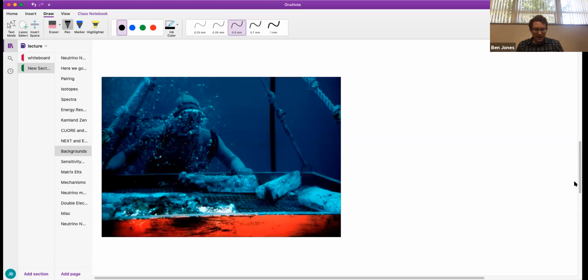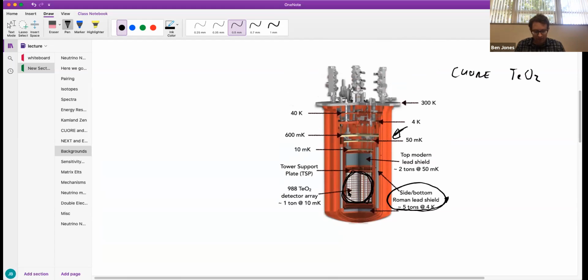And so inside this lead, any of the isotopes which have a half-life of less than 2,000 years have decayed away. They've not been activated by cosmic activation. So this collaboration actually sent divers to go and retrieve the ballast from this Roman galleon, melt it down, and then use it as the inner shield of their neutrinoless double beta decay experiment, because it was the cleanest available metal that could be found.